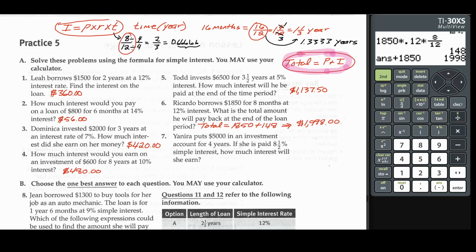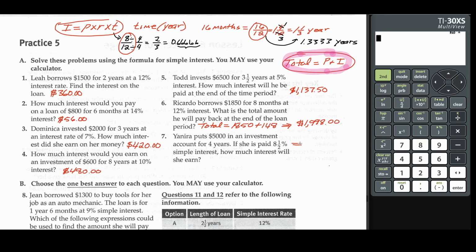7. Clear screen. Yanira puts $5,000 in an investment account for 4 years. If she is paid 8.5% simple interest, how much interest will she earn? Okay, before we work this out on a calculator, I want to show you the 8.5% here.